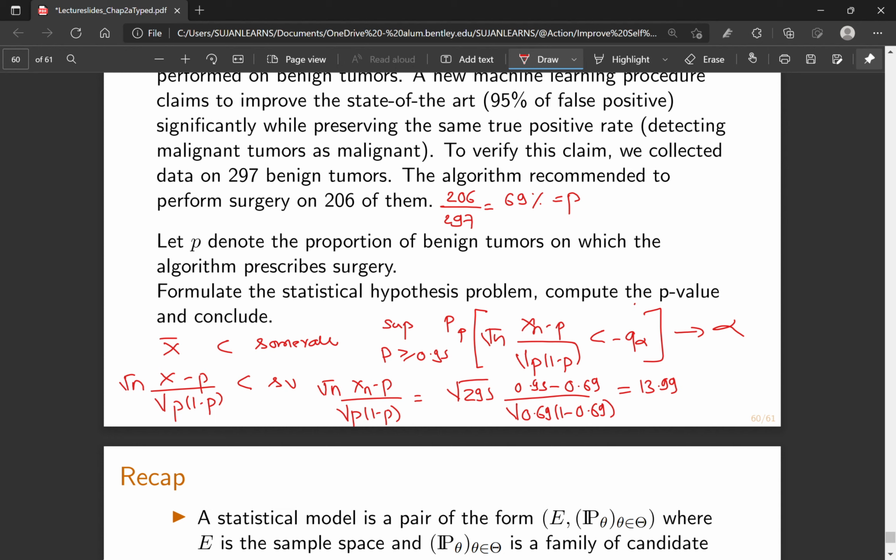Let me check the table, and the area of percentage for this value in normal table is 10 to the minus power 4. It is very less. Therefore, we can reject the null hypothesis and say that this machine learning model actually works.